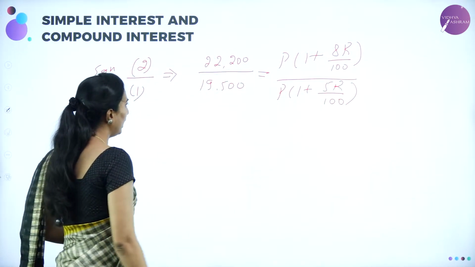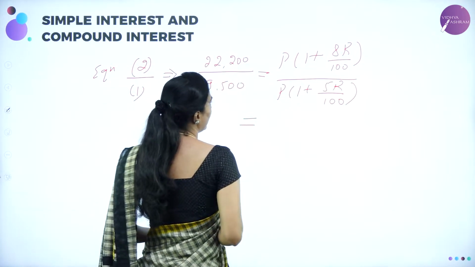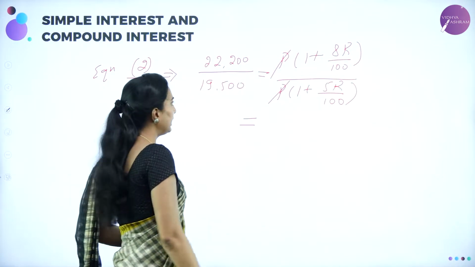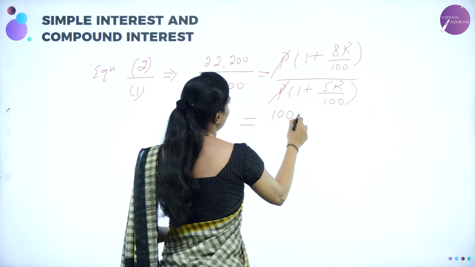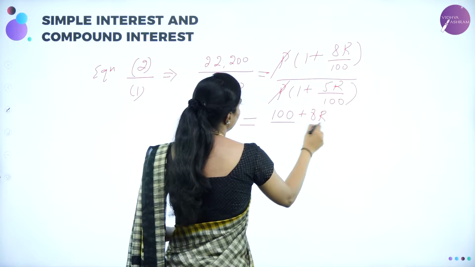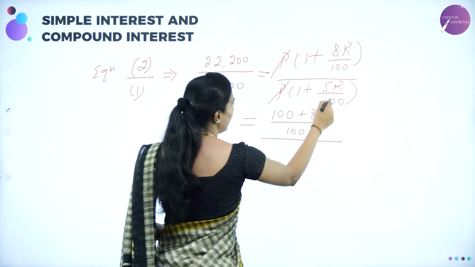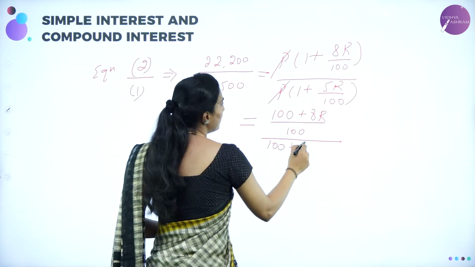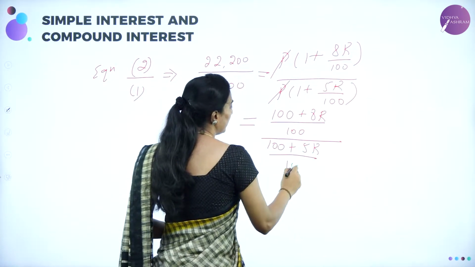So therefore we can arrive at the relation on the right hand side: you can cancel P and P. 100 into 1 is 100. By taking LCM you are going to have (100 + 8R) divided by 100, whole over 100 plus 5R divided by 100.